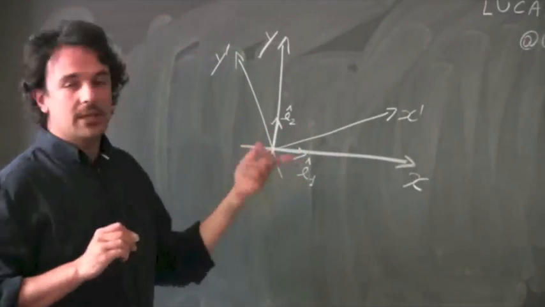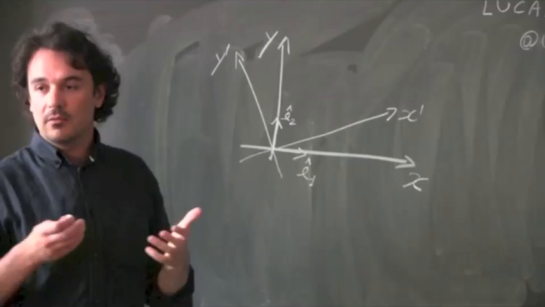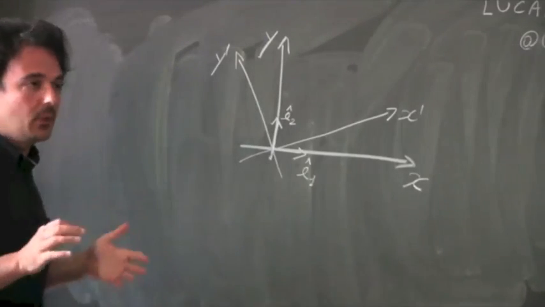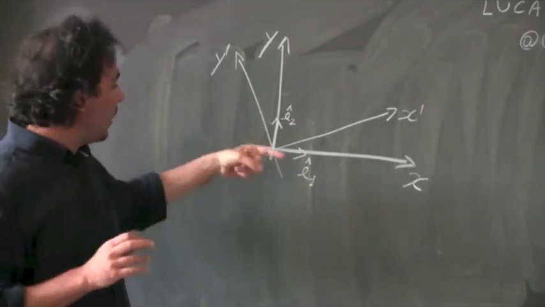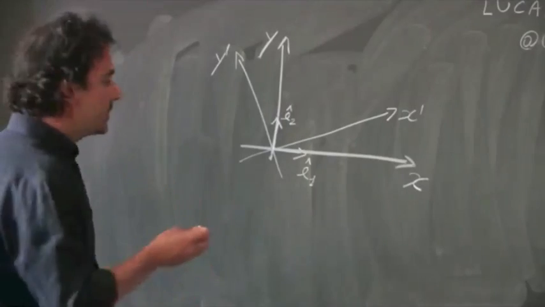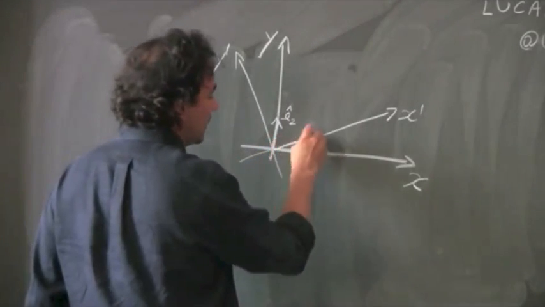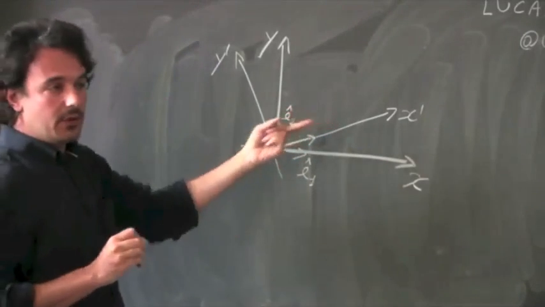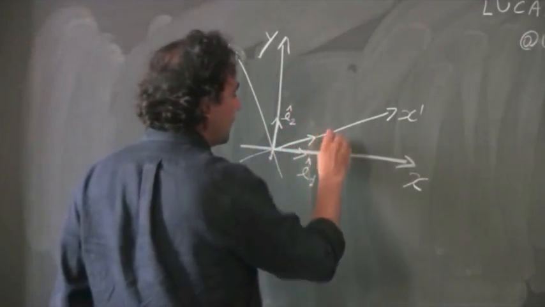But these two vectors can be chosen in an almost arbitrary way, not arbitrary, but almost. One possibility is to use this e1 and this e2. Another possibility is to use unit vectors associated to another frame of reference, for example x prime.